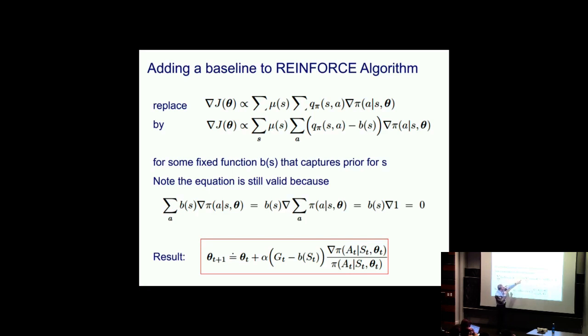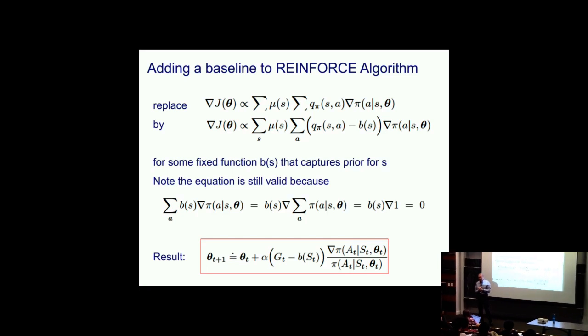Because the policy doesn't change our initial b of s function that we just make up, it's b of s times the gradient of the sum over actions of the probability assigned by pi to that action, which is just 1. You have to choose some action. So every policy is going to recommend probabilities on actions which sum to 1. And so the gradient of this constant 1 is 0.